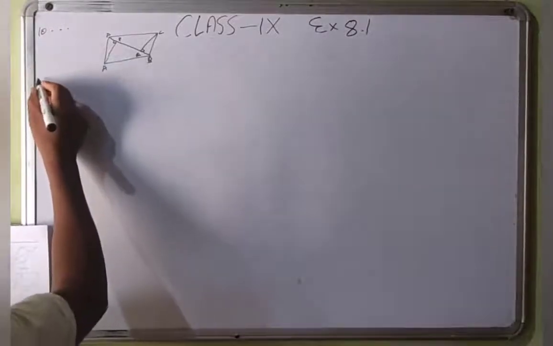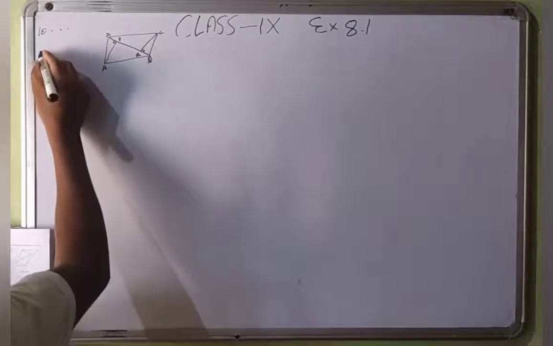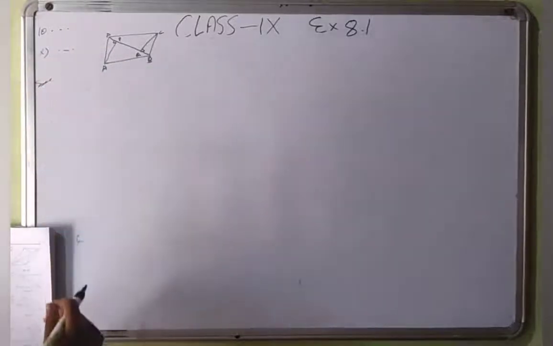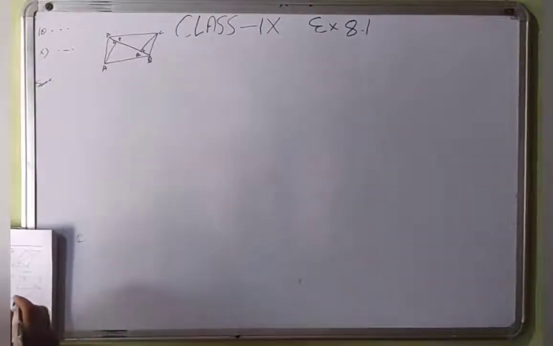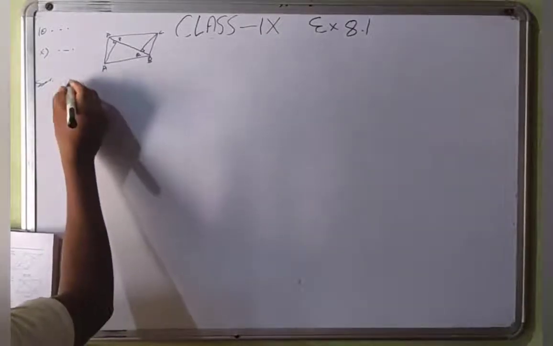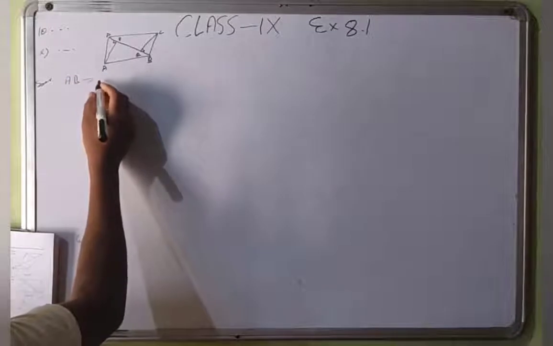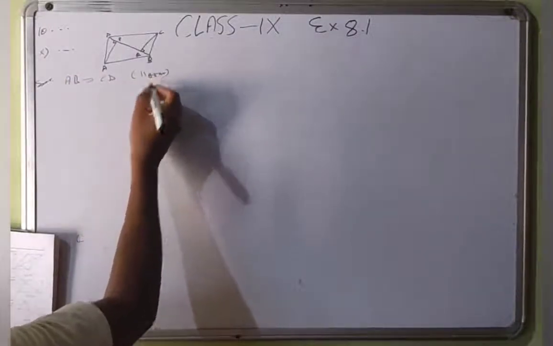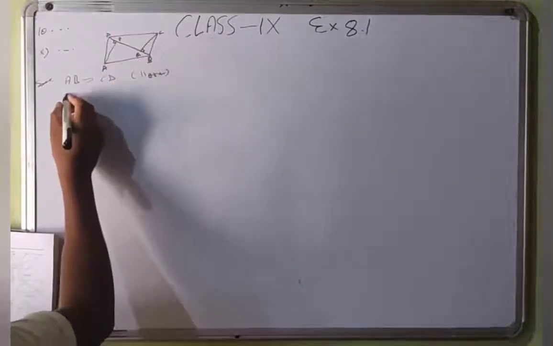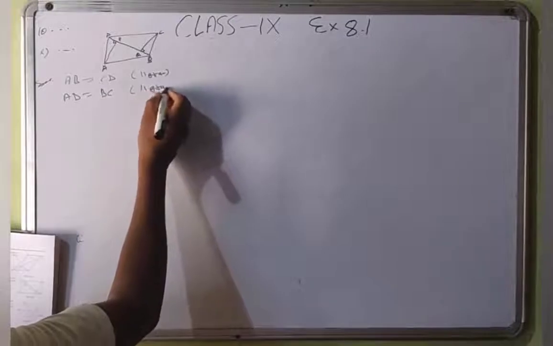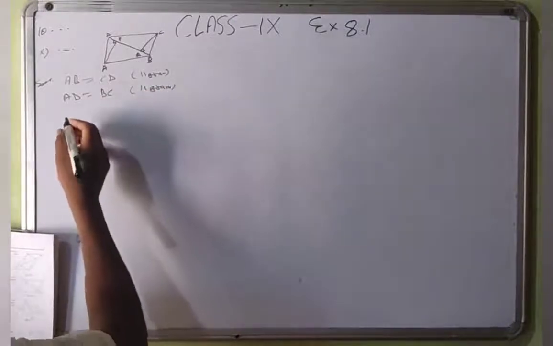First part, solution: AB is equal to CD by parallelogram, because opposite sides of a parallelogram are equal. AD is equal to BC as well.